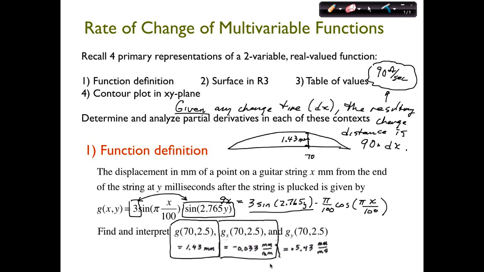Okay. So it sounds to me like you're still talking about 1 millimeter from the end of the string. Or 70 millimeters from the end of the string. Okay, so we're at 2.5 milliseconds. Yeah, we're getting closer. We're at 2.5 milliseconds, and we're 70 millimeters from the end of the string. And we're going to let something change. What are we going to let change?